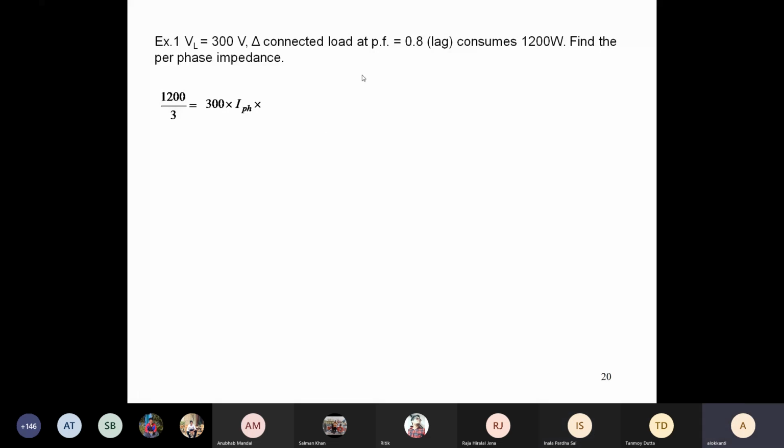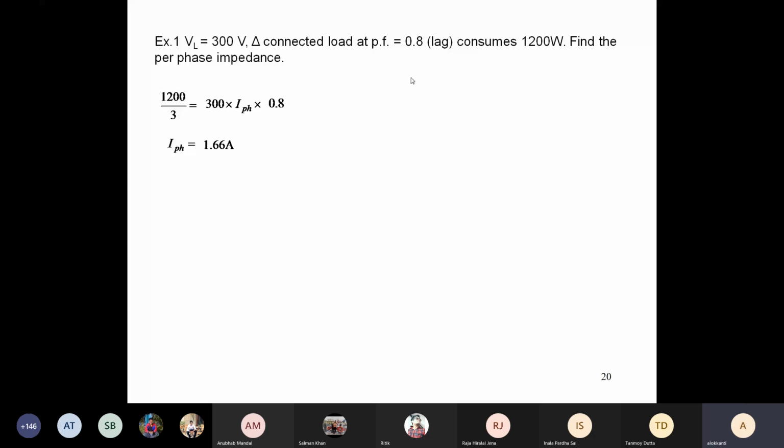So from here you will get the phase current as how much? How much is the phase current? 5 by 3, 1.67.